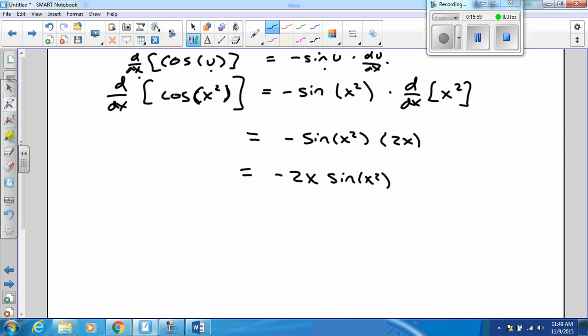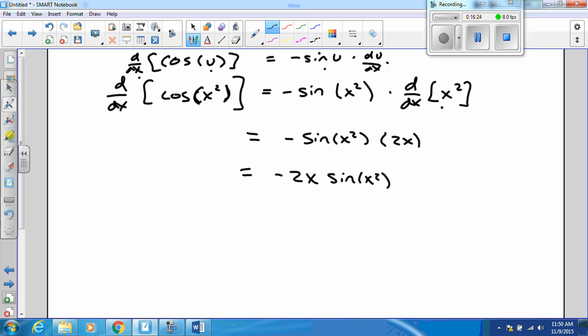Let's do another one. What was the outside for that? Cosine. So the derivative of the outside would be negative sine times the derivative of the inside. Yeah, but if the derivative of outside was negative sine, where did the x squared come from?